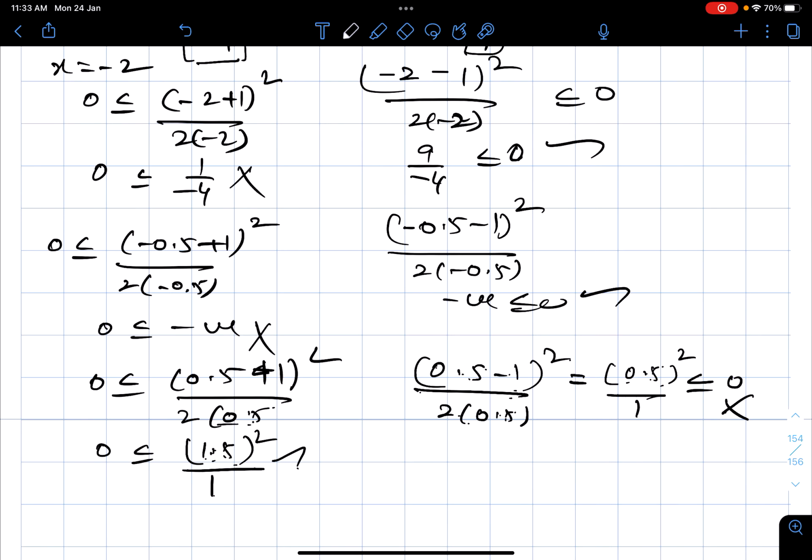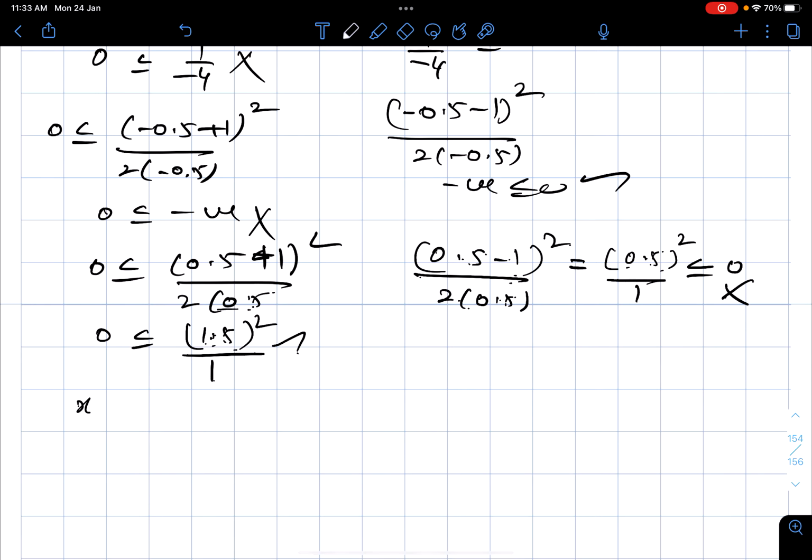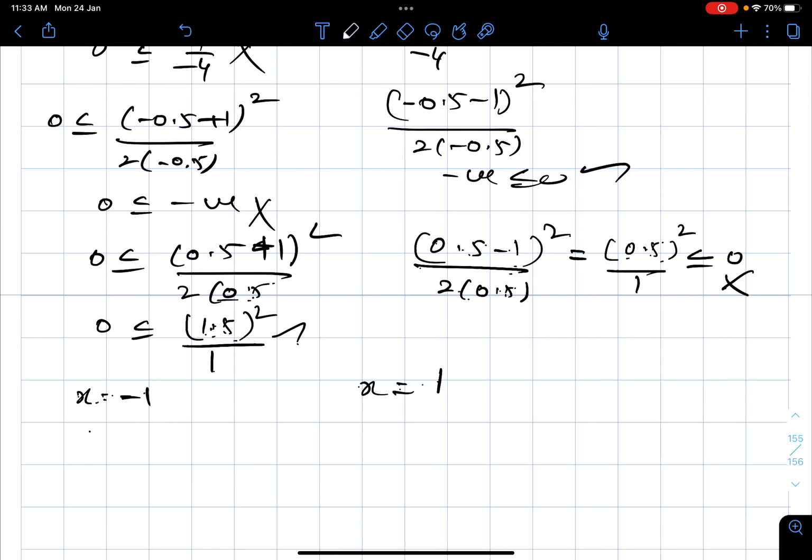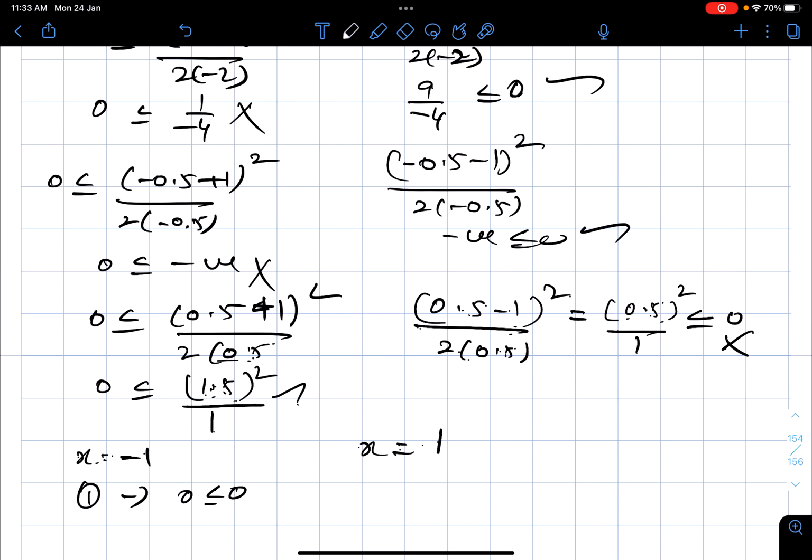So we are going to take only x equal to minus 1 and x equal to plus 1. When x is minus 1, minus 1 plus 1 becomes 0, and 0 by anything is 0. Okay, this is true.